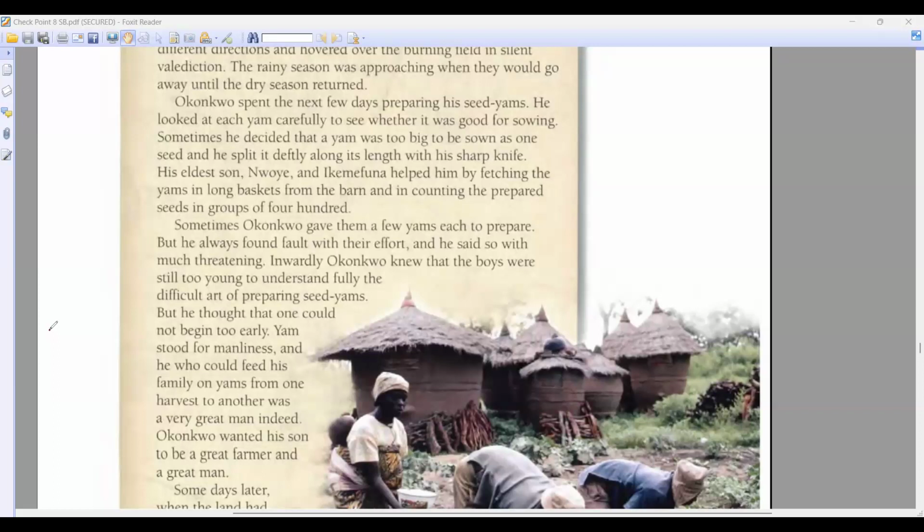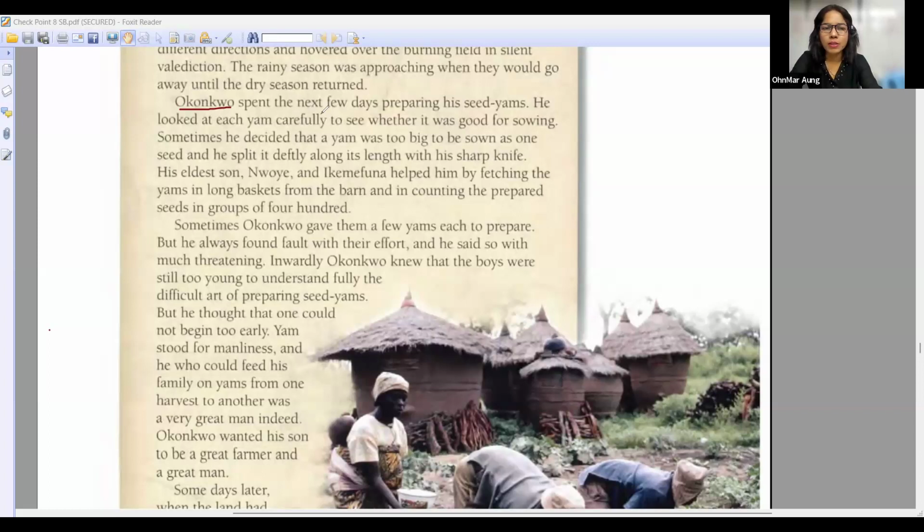That is the character, Okonkwo. The name of the character. He spent the next few days preparing his seed yams. He prepared the seed plantation for a few days. He looked at each yam carefully.